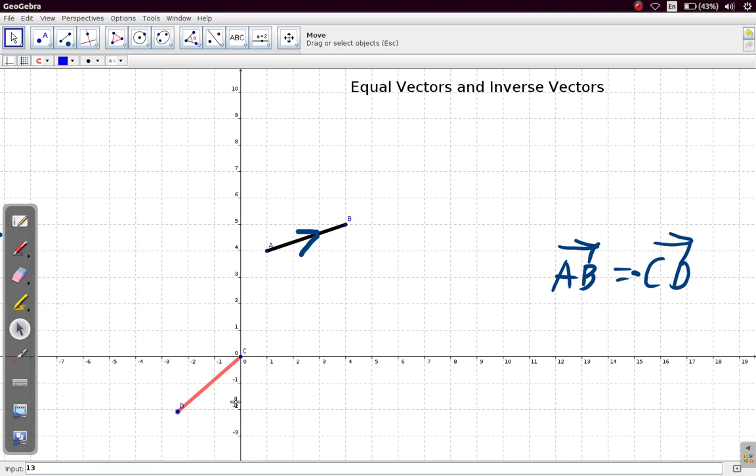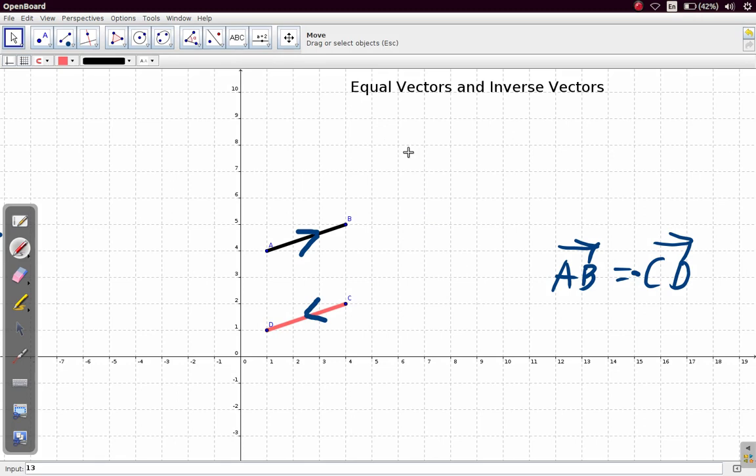So these would not be inverse vectors. All that happens is that they have the same magnitude, but they're not inverse vectors. If I want them to be inverse vectors, I would have to put them back so that they are facing direct opposite direction. Now notice they are parallel. Once they are inverse, they are parallel and in opposite direction. Alright, so these are inverse vectors.